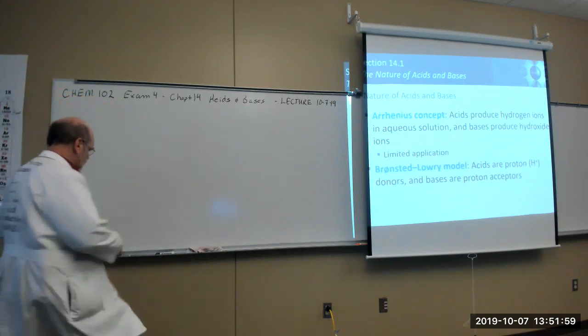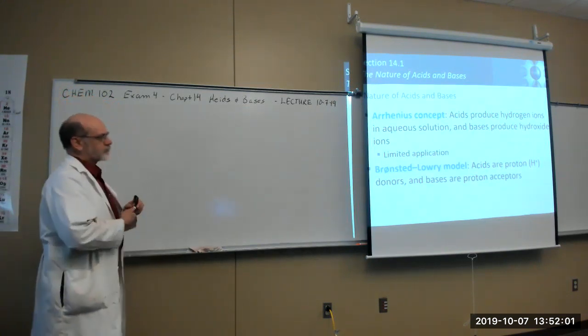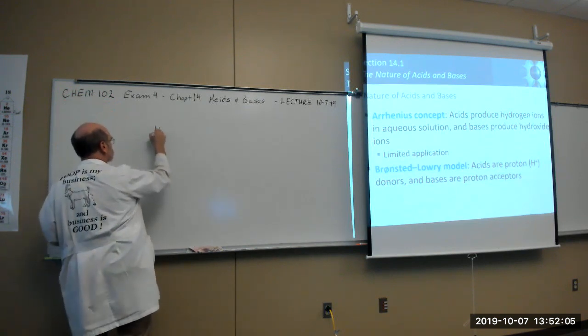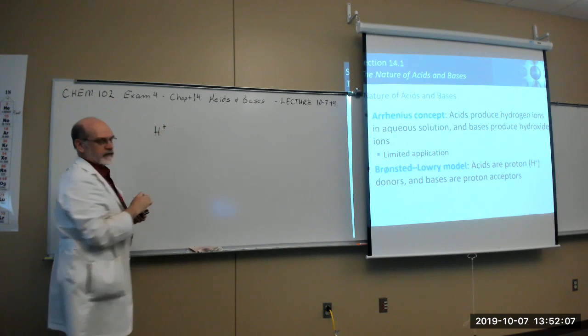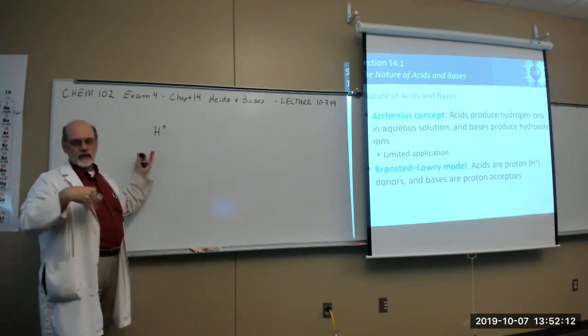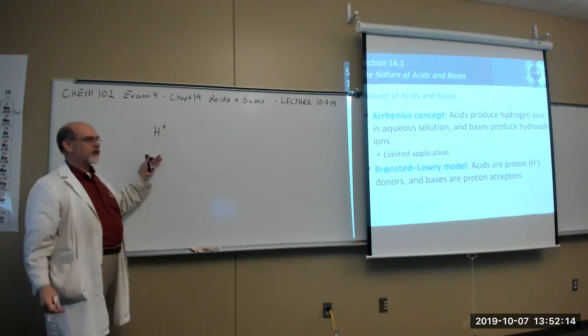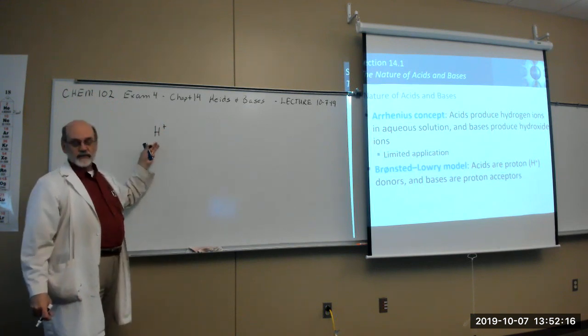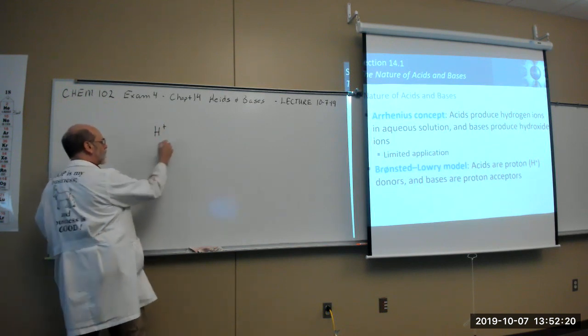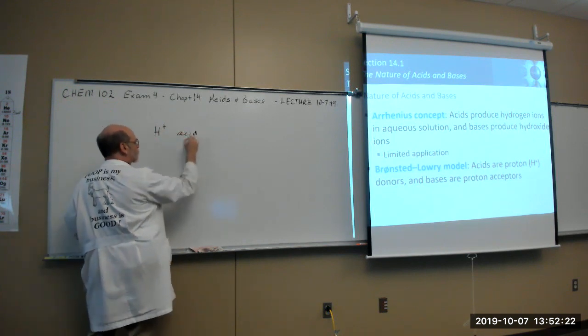And Arrhenius' concept was that acids produce protons, okay? Because hydrogen is one proton, one electron. All you have to do is strip an electron off of it, and you got an H+, which is essentially a proton. So that's an acid, according to Arrhenius.